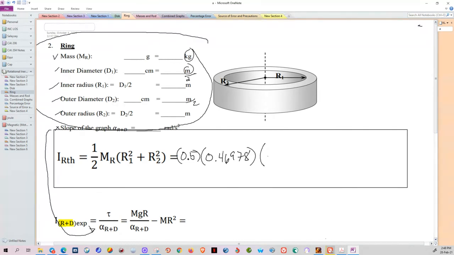Multiply by what is radius 1? Remember the inner diameter? 5.35. Musa was correct, remember? 5.35, but this is in centi. To change it to meter, divide by 100. So 0.0535, and then divide by 2. Anyone who got this answer?